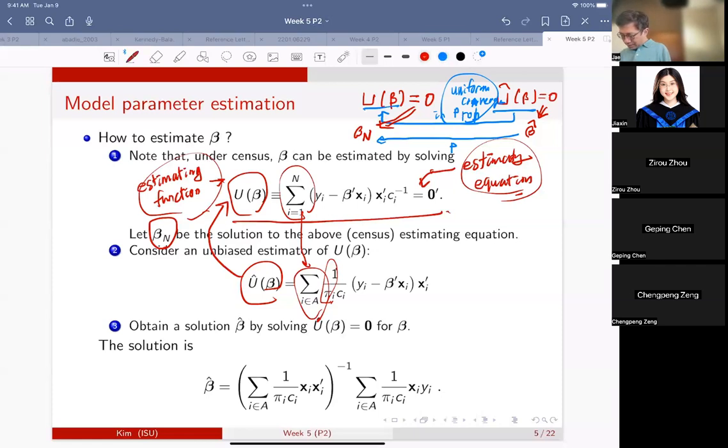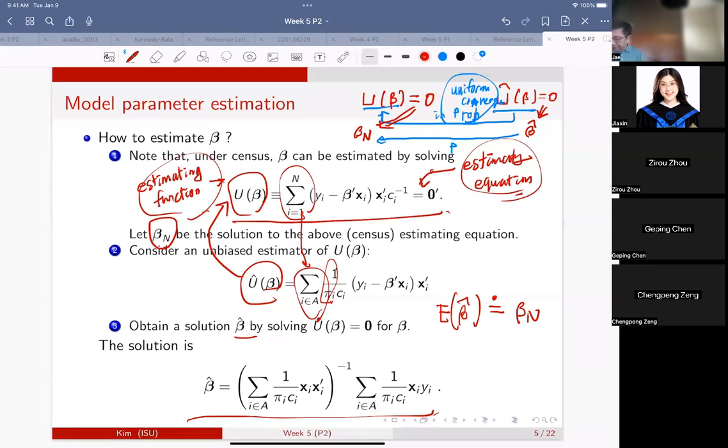Okay. So anyway, we are able to obtain our estimator from this. You can see that this beta hat is not exactly equal to this, but maybe approximately, because this is nonlinear.